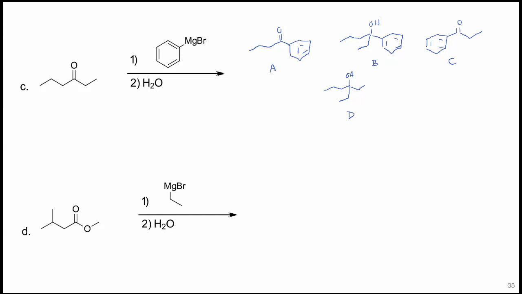All right, very good. So you all chose B. That is the correct answer here. So we're just going to add that magnesium phenyl bromide, and that will add a bond from here to that carbonyl. So that's what we get there. What about D? What is D going to look like?